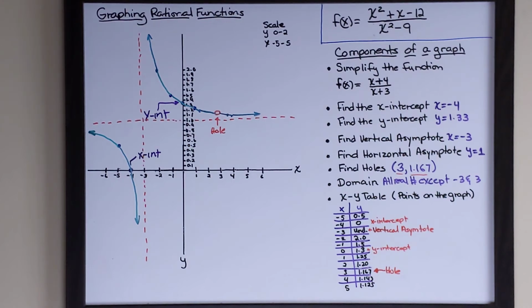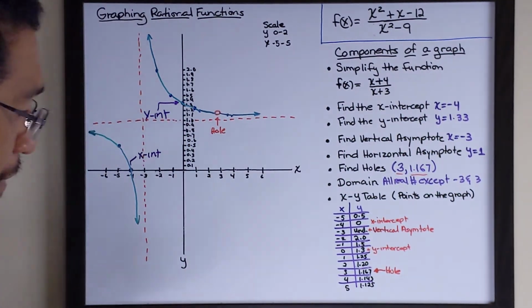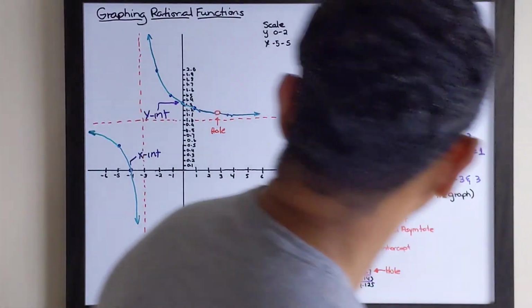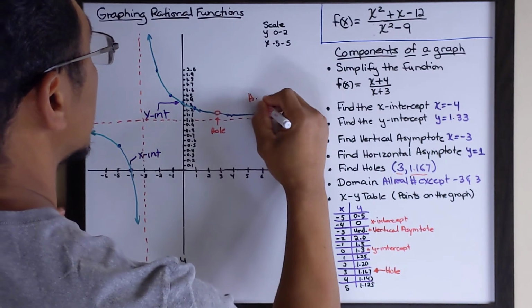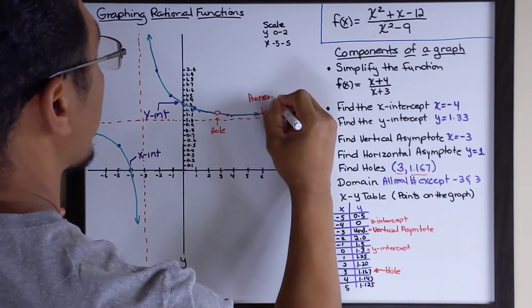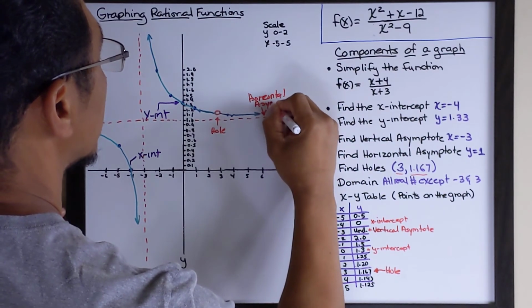If you have any questions, let's go ahead and graph our asymptote lines too, so we know what they are. We'll go ahead and do that in red. So this is our horizontal asymptote.